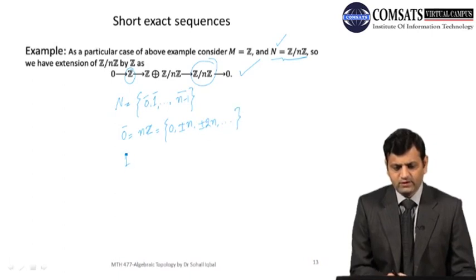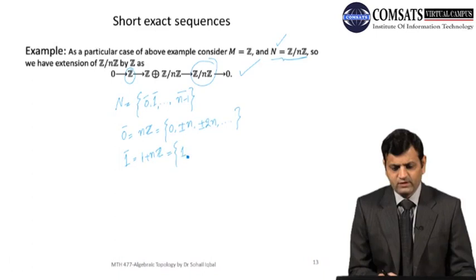And in the class 1 bar we have elements such that we get remainder 1 when we divide the number by n. So these are the remainder classes. For example, in this case we have 1, plus minus n, and so on. In particular, let's take n equal to 5.